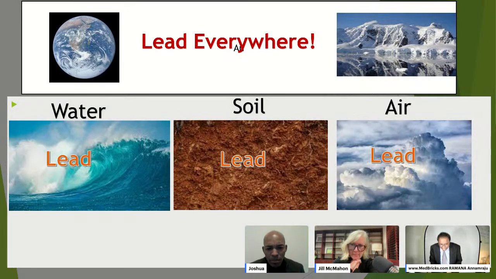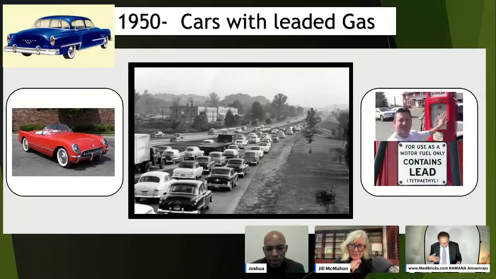Then he started testing it. He tested the water, all the washings with the lead. There is a lead content in the water, lead in the soil, lead in the air. So lead is everywhere. He was wondering where this lead came from. So that is the 1950s. What they did was to reduce the knocking problem in the cars.